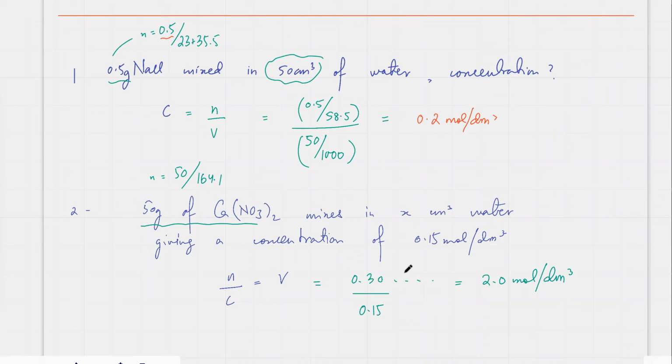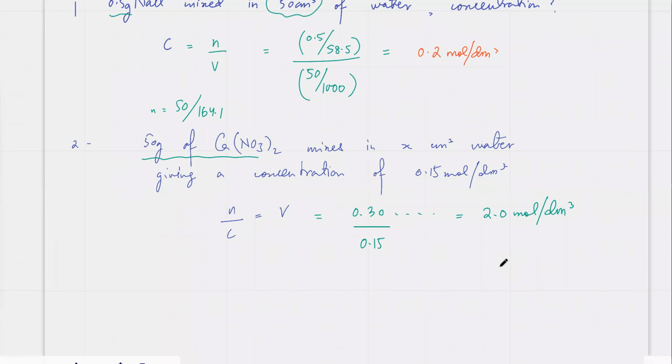You can either save the value on your calculator and keep using the same value, or just make sure it's as accurate as possible. You can go up to 5 or 6 significant figures when you're working things out. The final answer or any value that's stated on the paper must follow the appropriate significant figures. So don't round off things at every step. Just the final value must be up to 2 significant figures. That's it.